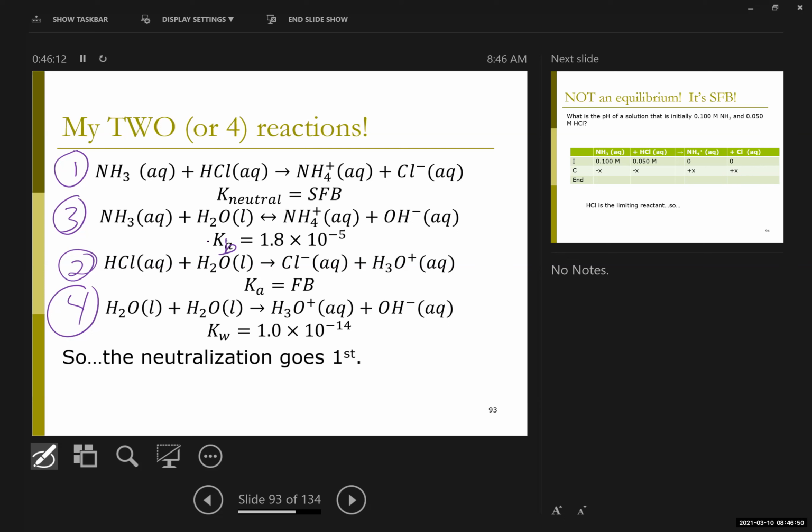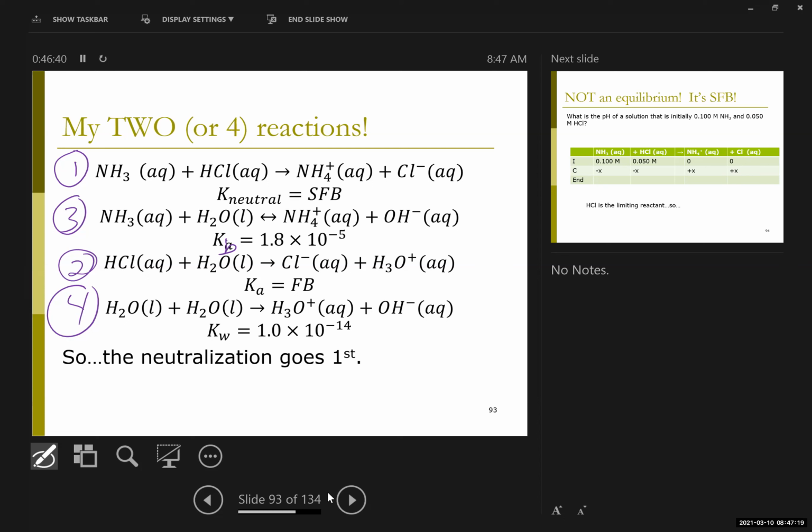And what you'll notice is that my life is even simpler than it seems. Because if I'm super freaking big or freaking big, my reaction goes to completion. It's a limiting reactant problem, which means I'm going to run out of stuff, right? And so as I run out of stuff, any reaction that requires that stuff is no longer possible.